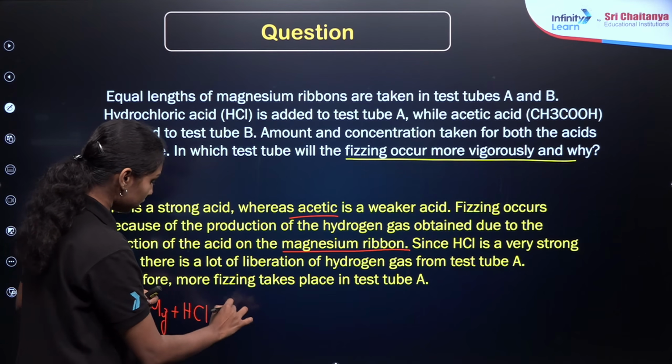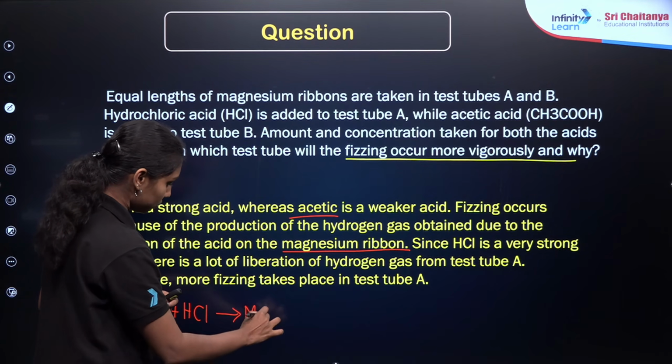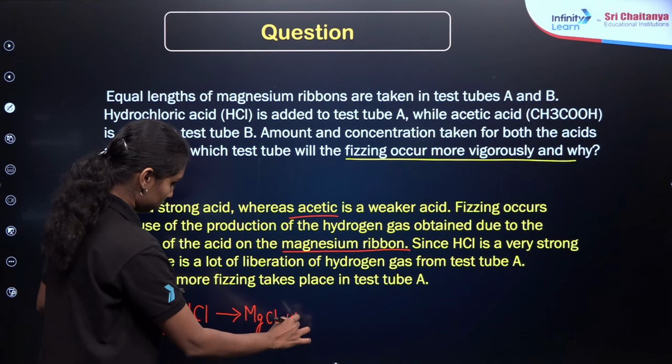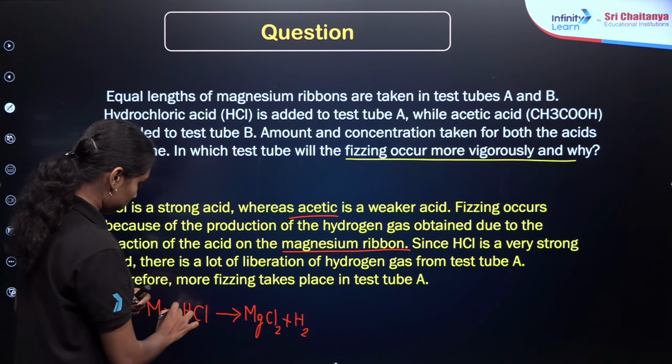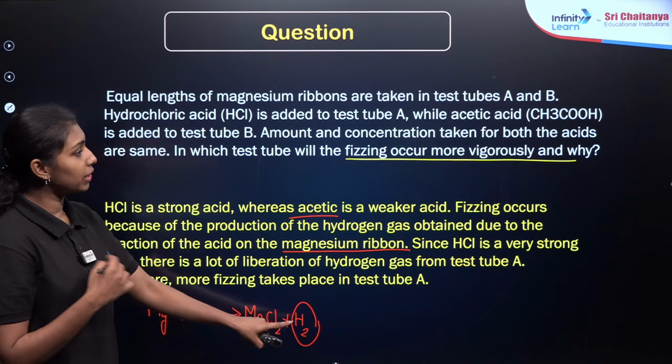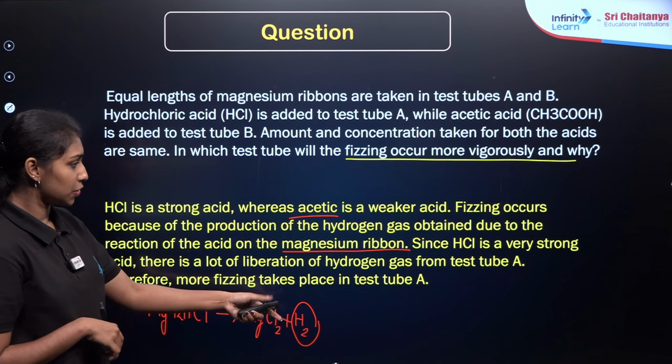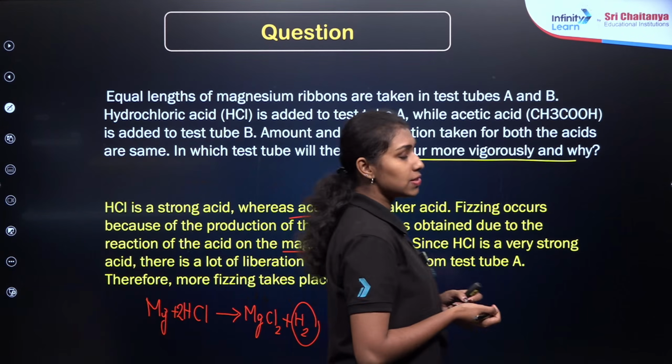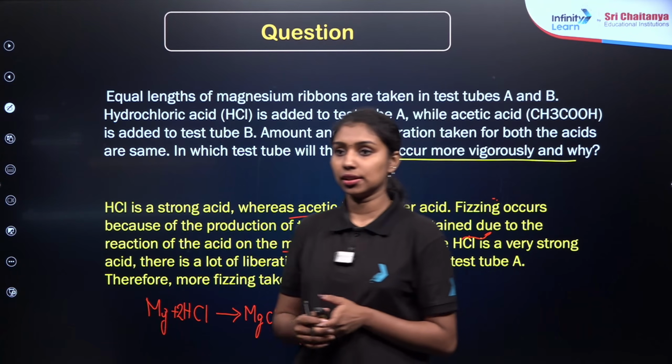So this will be the reaction. Because of the presence of this hydrogen, the fizzing occurs more vigorously in the first test tube than the second test tube. But in the second test tube, we added CH3COOH, which is the weak acid.